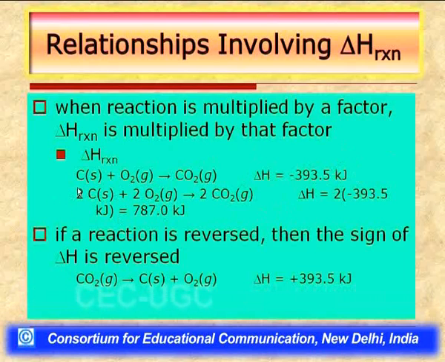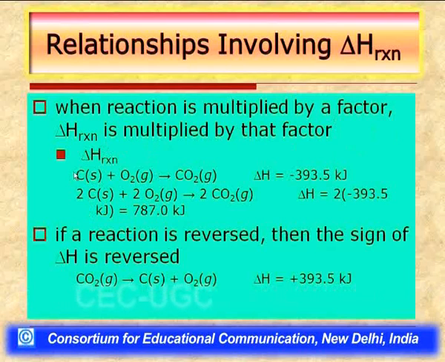If we double the quantity of the substances involved in the chemical reaction, then the enthalpy change in the system would obviously get doubled because the substances are doubled. So, when a reaction is multiplied by a factor, the enthalpy change of the reaction system is also multiplied by the same factor.